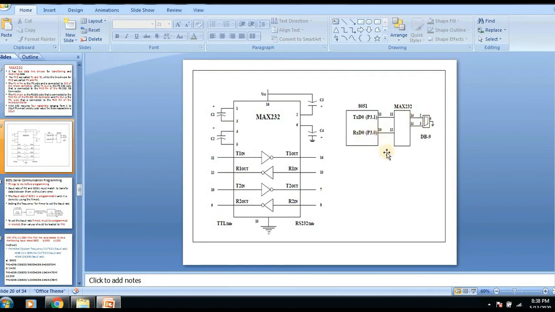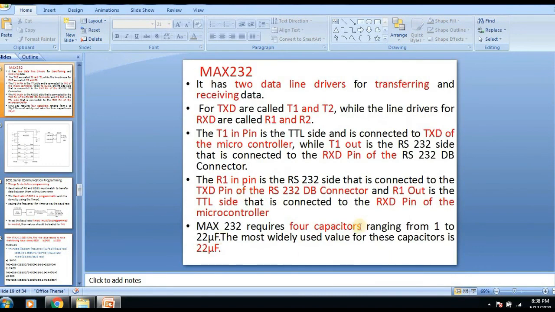So this is how we make a connection between the 8051 and the DB9, our RS-232 standard, using the MAX232. This MAX232 has 4 capacitors, which can vary from 1 microfarad to 22 microfarad. The most widely used value for these capacitors is 22 microfarad.